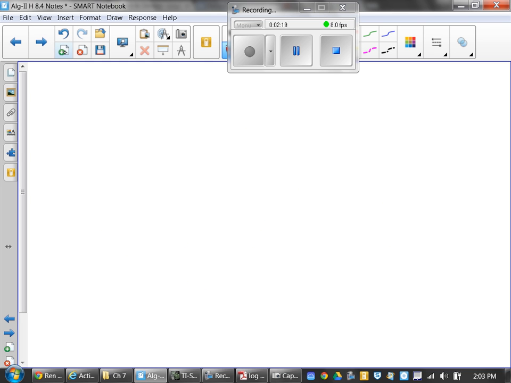So let's define logs. Log base b of y equals x. That's how your book defines it and how they write it out. That's called logarithmic form. Let's say log form.